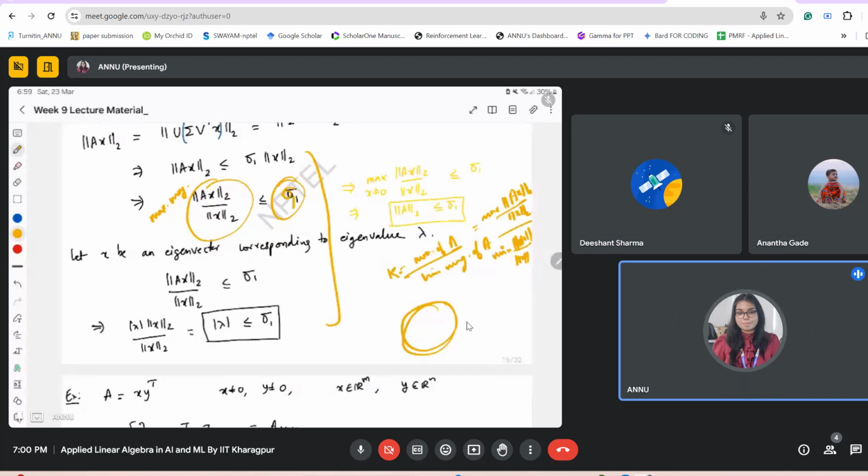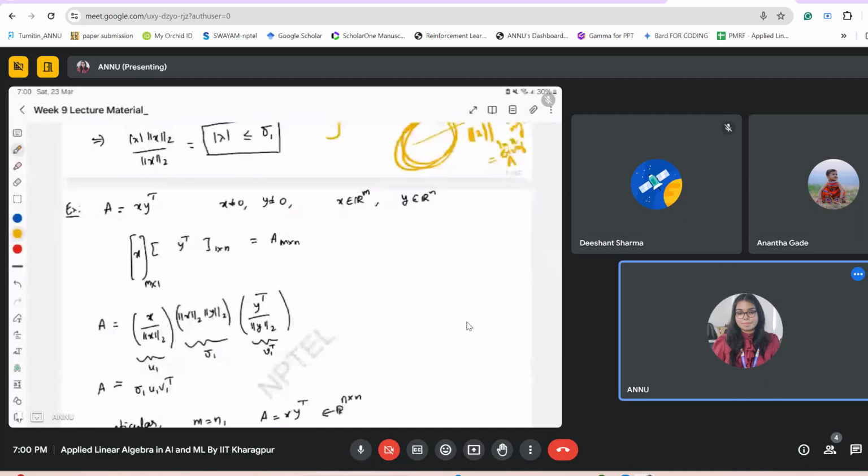Okay, let's take another example, x y transpose. If x is not equal to 0 and y is not equal to 0, with x belonging to R^n and y belonging to R^n, then x y transpose equals an m cross n matrix. How can you write x y transpose in terms of singular value decomposition?